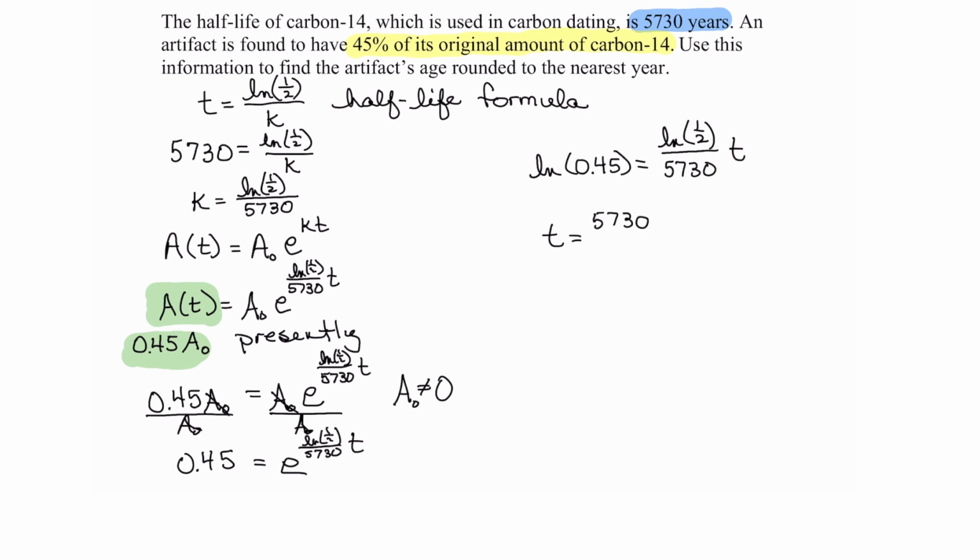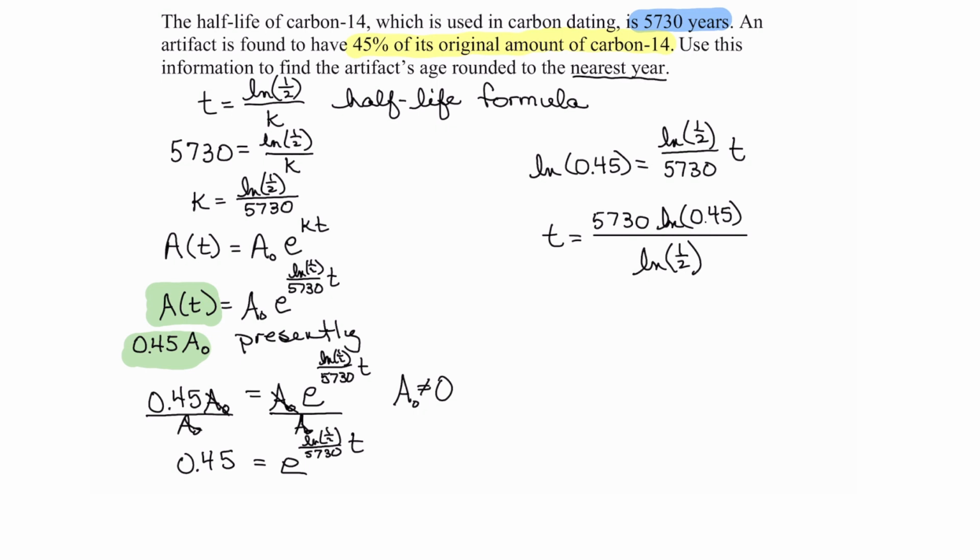5,730 times the natural log of 0.45 divided by the natural log of 1/2. Now it's time to get an approximate age for it, and we want the age rounded to the nearest year.